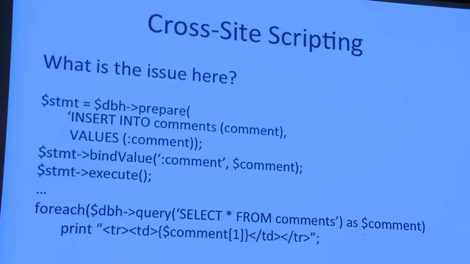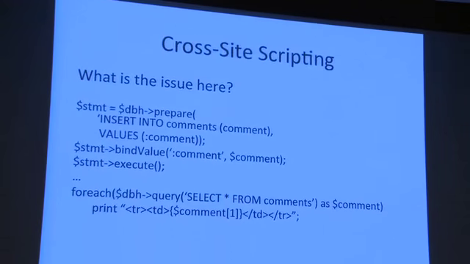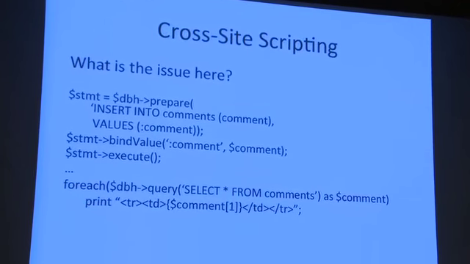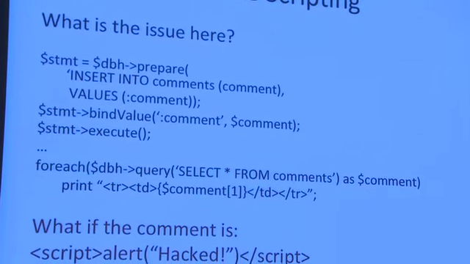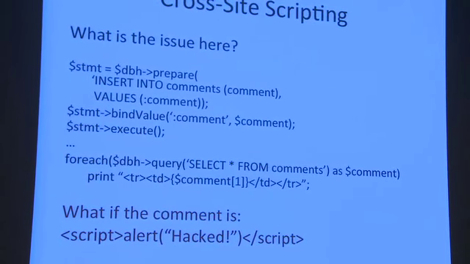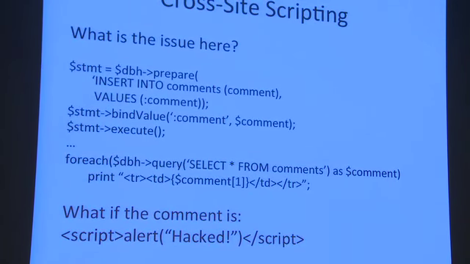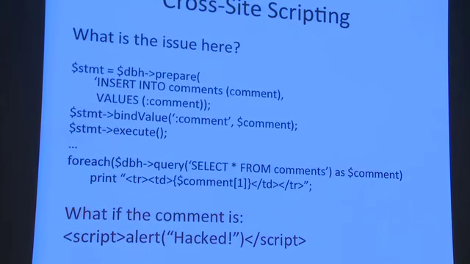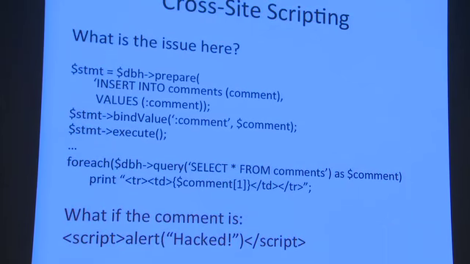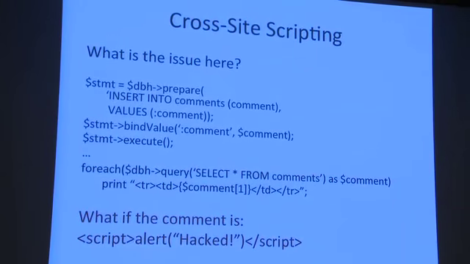So this basic just $comment1 here without an HTML special class is where things are going to get bad. So given that, what if my comment is, for example, as I think David has shown before, script alert hacked, close script. And we can start to look at some examples here as well.